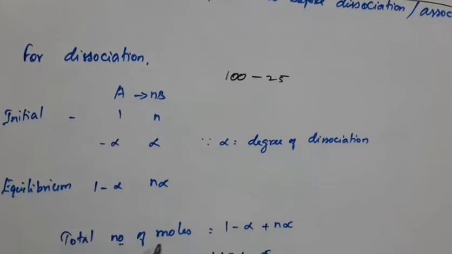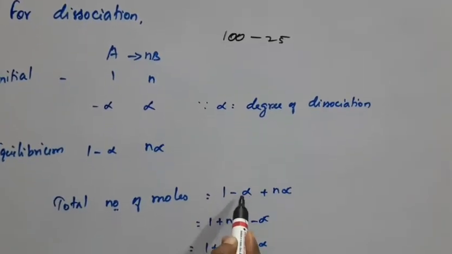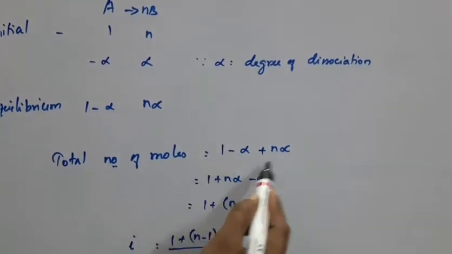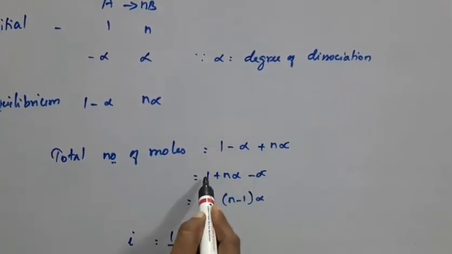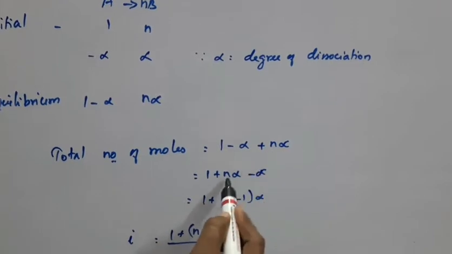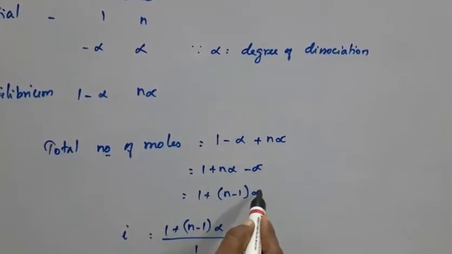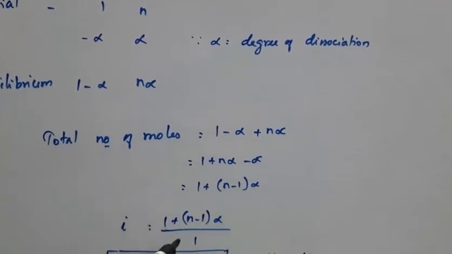So the total number of moles equals 1 minus alpha plus n alpha. We can rearrange to get 1 plus n alpha minus alpha. Taking alpha outside, 1 plus (n minus 1) alpha.